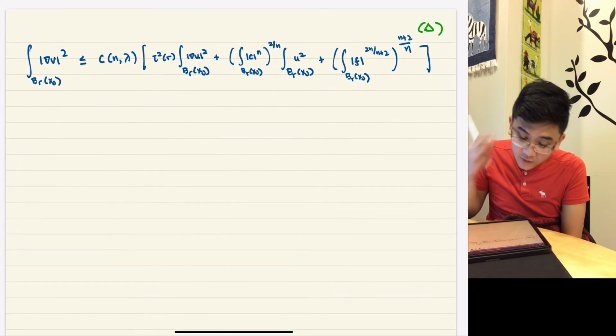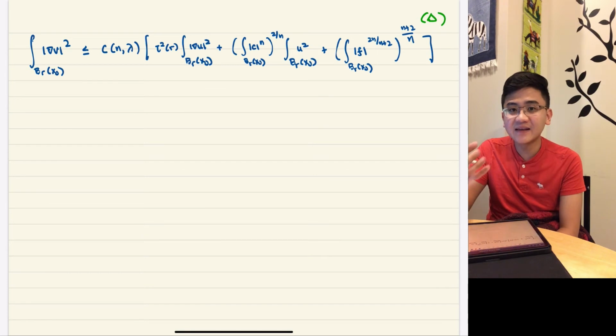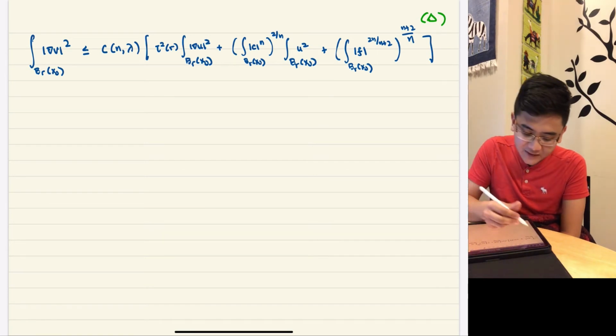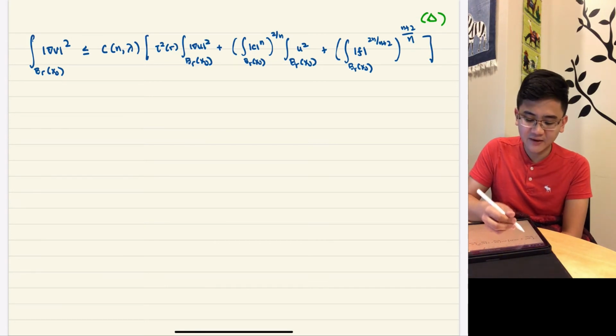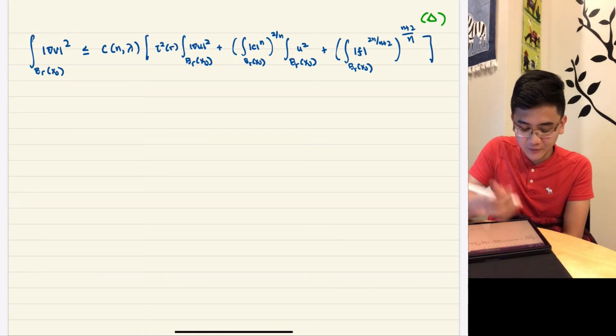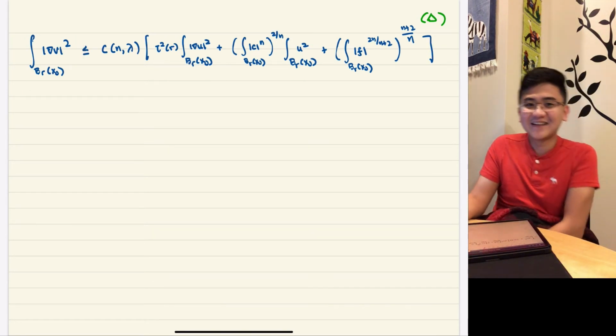Okay, so based on the techniques that we've used, we have achieved an intermediate goal, and that goal is to obtain a gradient estimate on the L2 norm of grad V. You might say, oh, Ryuji, this is not the L2 norm. Well, this is the square of the L2 norm, which gets you an estimate on the L2 norm.